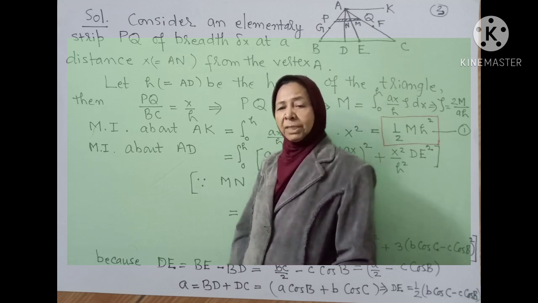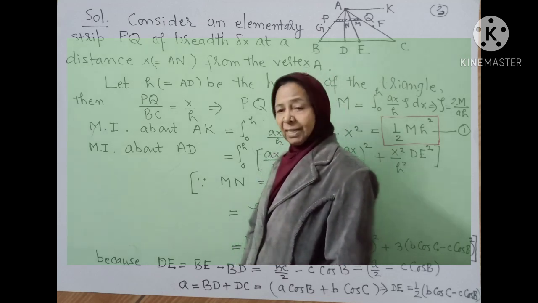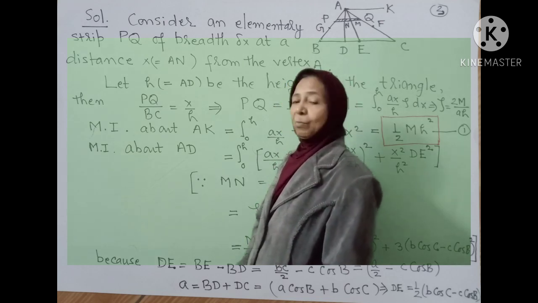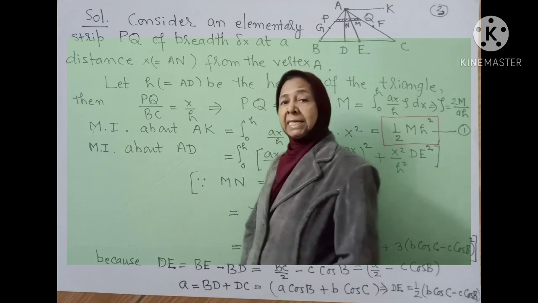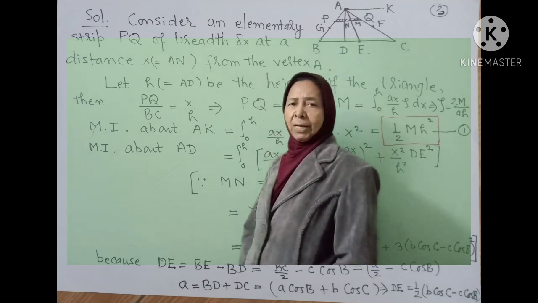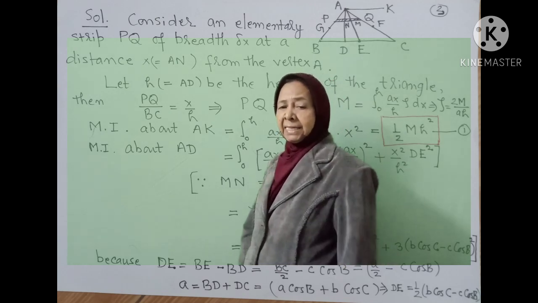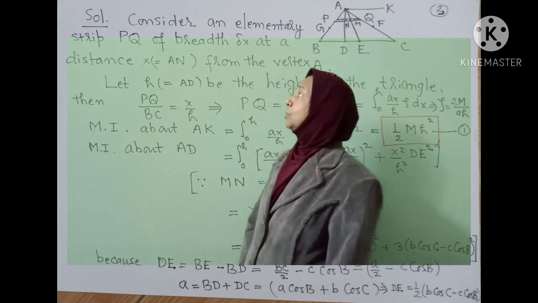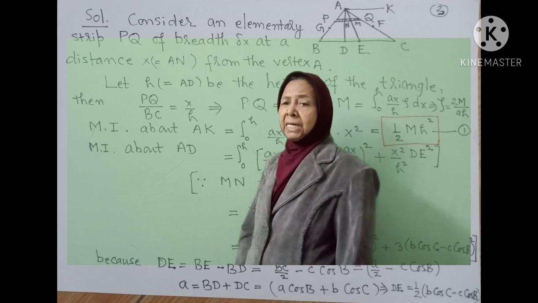So when you work out this integral, you will get rho ah divided by 4 in a bracket a square by 12 plus de square. Now this de can be calculated easily, as I have calculated here. It is de, and de is nothing but be minus bd. Now what is be?